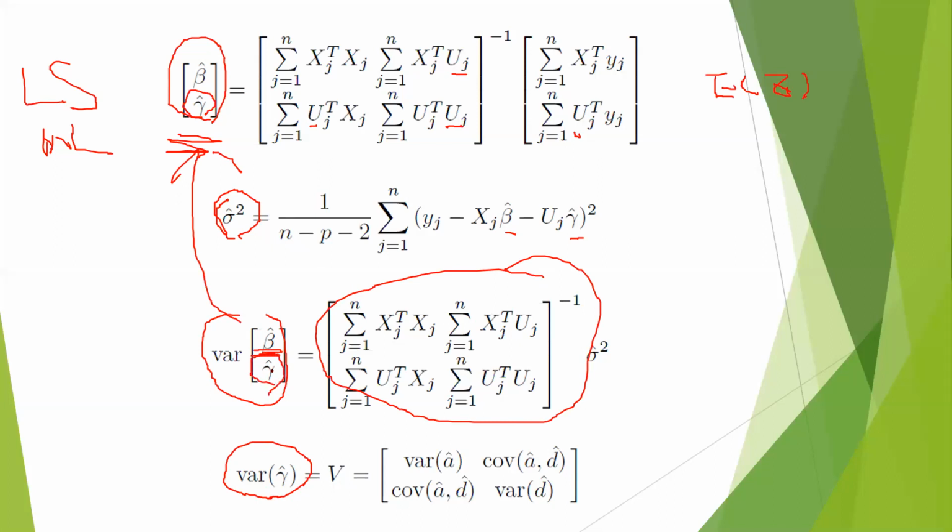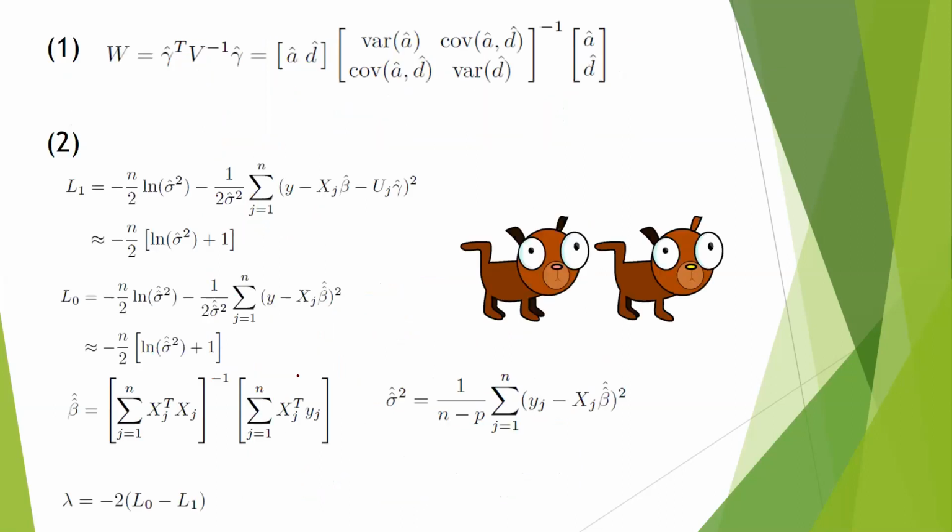So we can take this part out, and this is the variance of the estimation for the additive effects and the dominant effects. Once we have this, we can easily construct a test to see if any genetic effects, either additive or dominant, exist at this locus. So then we finish the test for this.